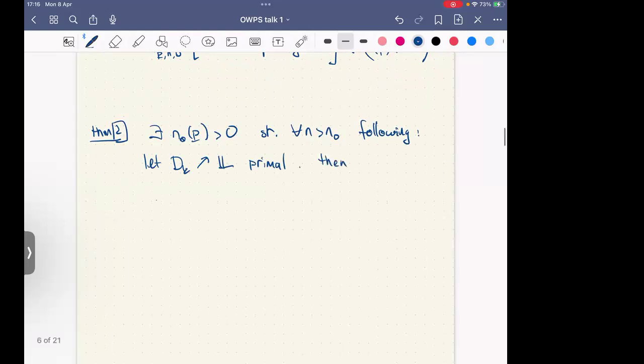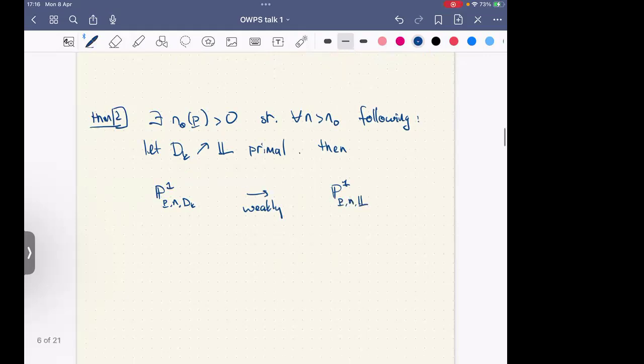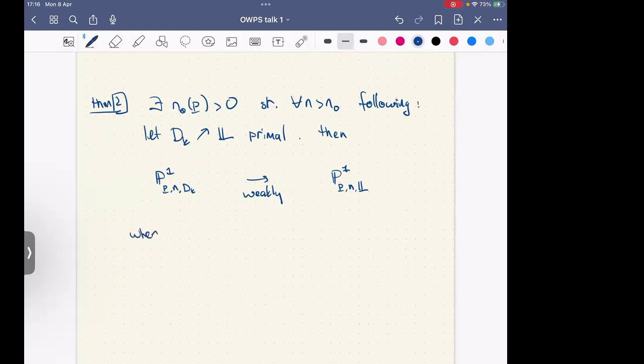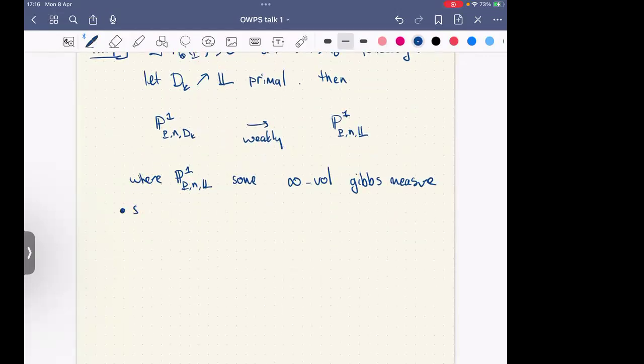And then we have the convergence of these measures, P and D_k, weakly to some measure, which I'm going to just write as P1, P, and L, where P1, P, and L is some infinite volume Gibbs measure, which is supported on configurations with no infinite loops.